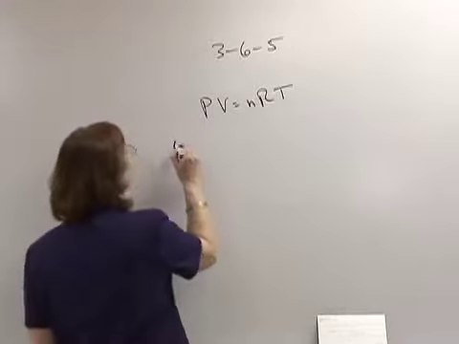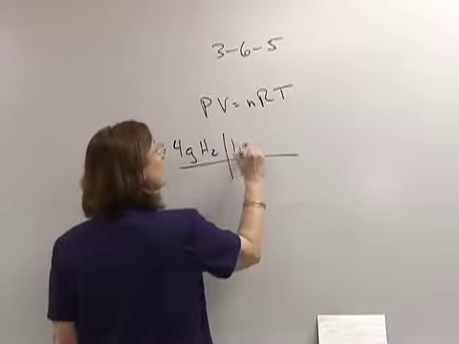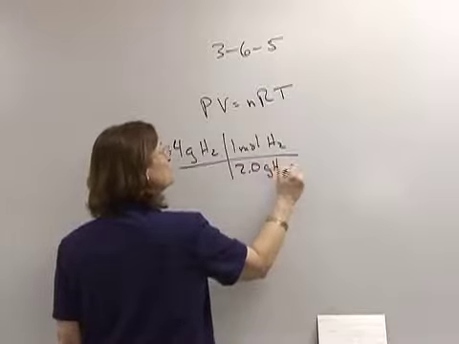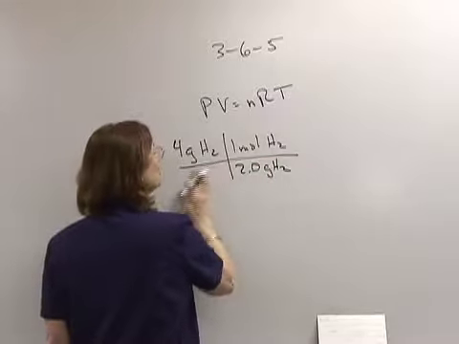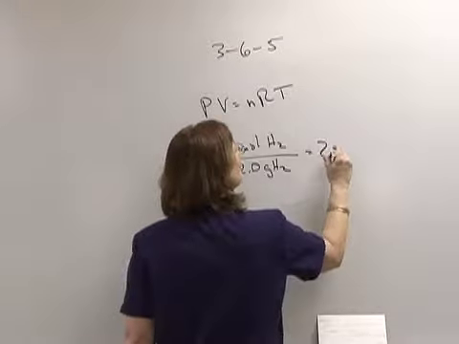You have 4 grams of hydrogen, and 1 mole of hydrogen has a mass of 2.0 grams of hydrogen. I'm sure you could do that one in your head. So that's 2 moles of hydrogen.